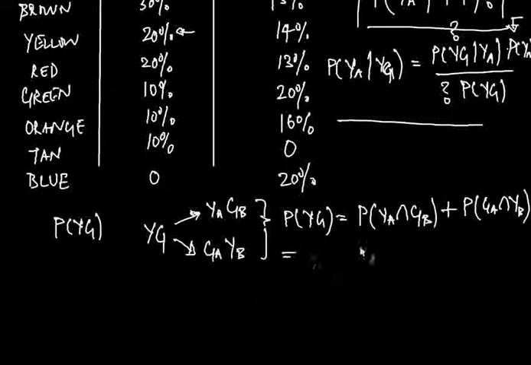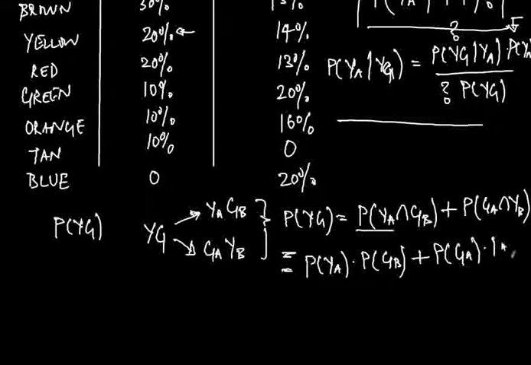Each of these terms can be further expanded to the probability of drawing a yellow ball from A multiplied by the probability of drawing a green ball from B, or the probability of drawing a green ball from A into the probability of drawing a yellow ball from B. So this is simple enough. Now each of the four terms over here, we know their value, and we'll just pick it off the table and we can calculate the probability of YG.